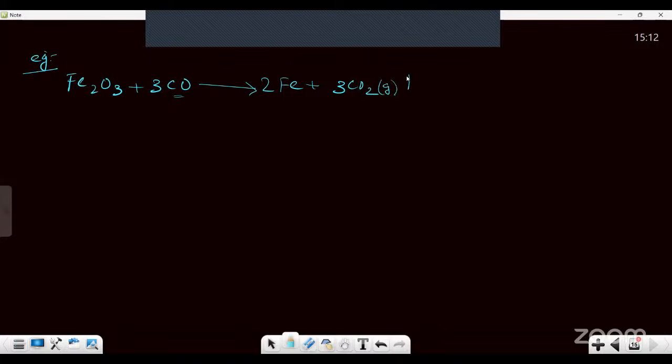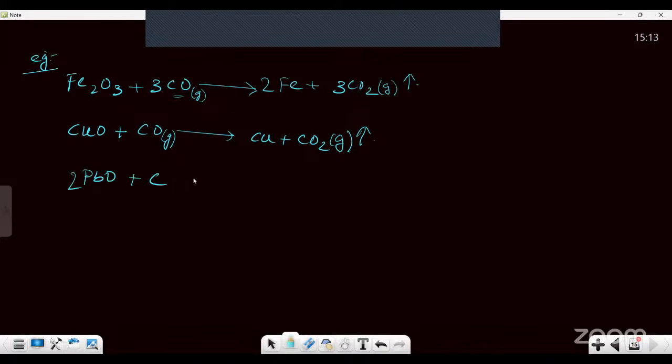So this is one. Another is CuO, copper oxide, coming in contact with a reducing agent like CO at high temperature. Copper plus CO2. Similarly, PbO, lead oxide, when it comes in contact with coke or carbon, it will be lead plus CO2. So these are our examples.